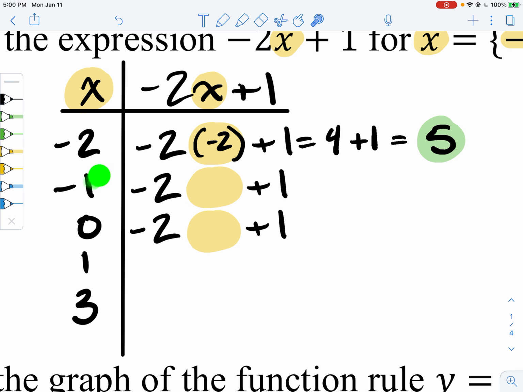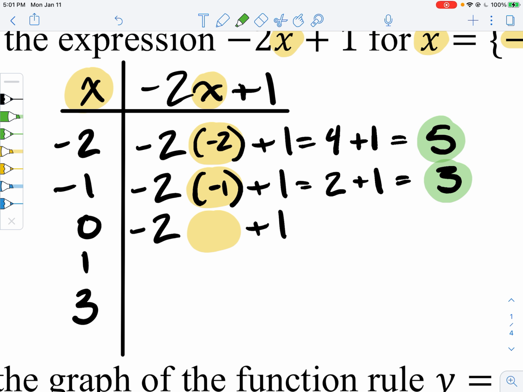So our next one, we're going to plug in negative 1 for x. Negative 2 times negative 1 plus 1 is the same thing as 2 plus 1, which is 3. So when x is negative 1, y is 3. Or not y, but just that expression is 3. Negative 2 times 0 is 0 plus 1, which is 1. And then we keep doing that.